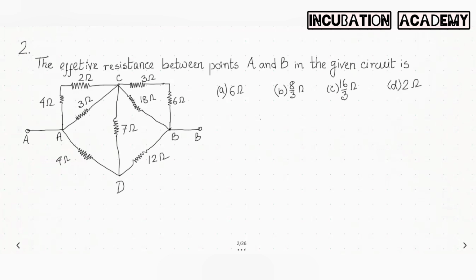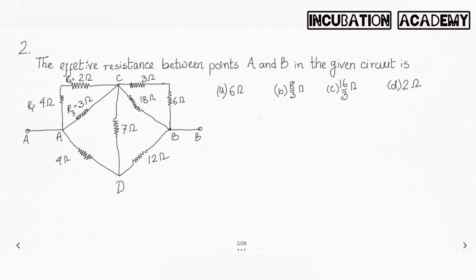Between the points A and C, the 4 ohm, 2 ohm and 3 ohm are all connected. Let us name this R1 and this R2. R1 and R2 are connected in series, and R3, which is 3 ohm, is connected in parallel with it.